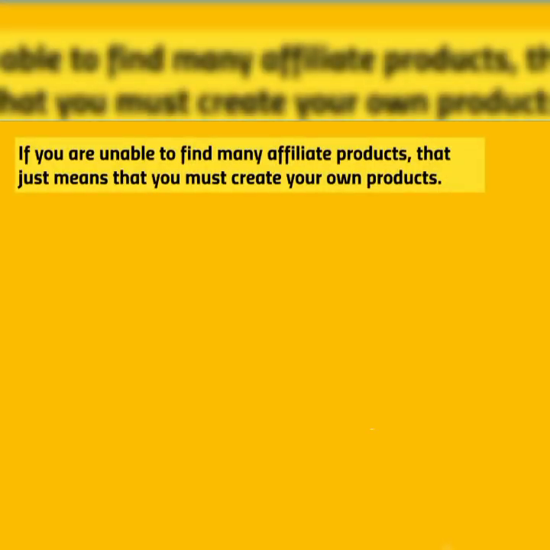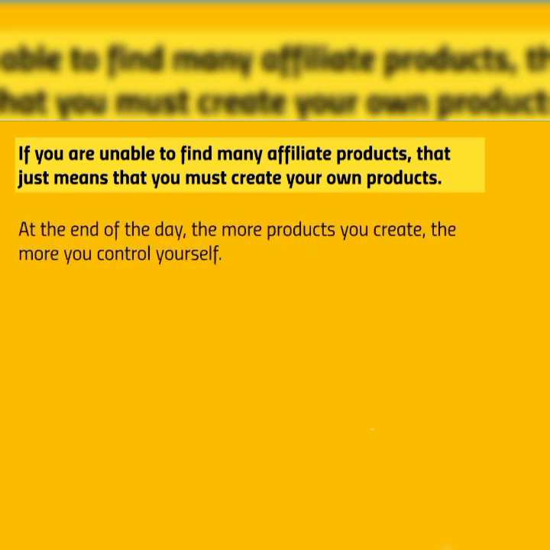So here's the thing. Finding affiliate products is great. It allows you to focus on your blog. But if you're unable to find many affiliate products, that just means that you're going to have to create your own products or find private label rights products. But I want you to understand that at the end of the day, the more products you create, the more you actually control yourself.